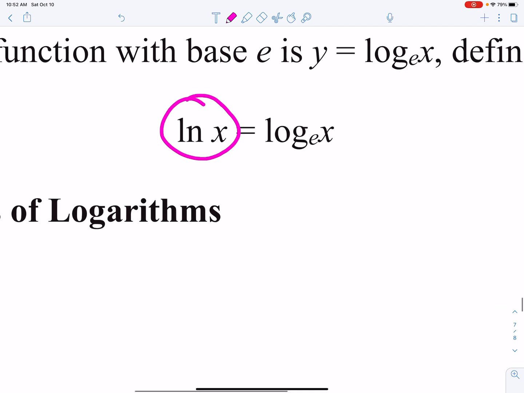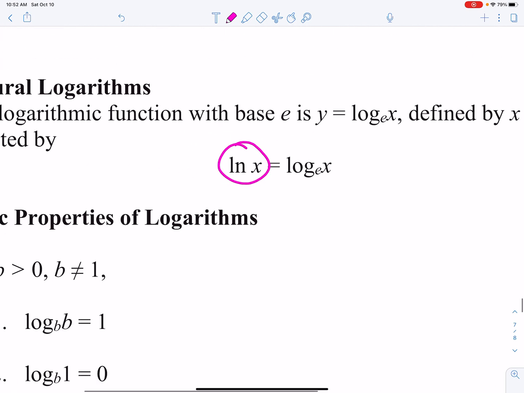We don't say ln, we say natural log. I know it's kind of weird because natural log would be NL, but this is ln. I believe it's a Latin thing, if I'm not mistaken. But either way, natural log of x, don't say ln of x, it's natural log of x, is the same as log base e of x. It's just like a shortcut.